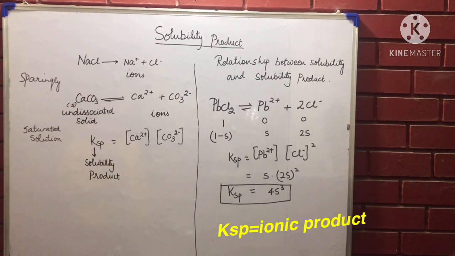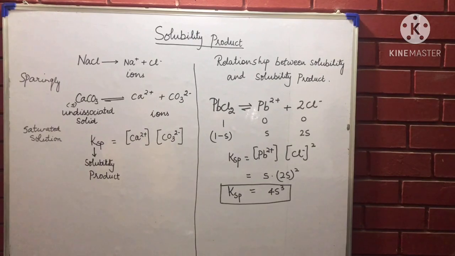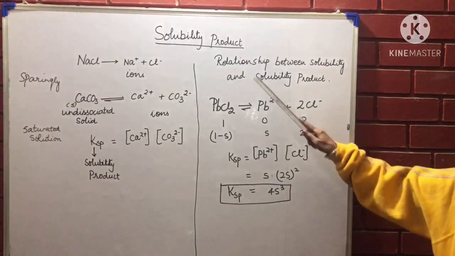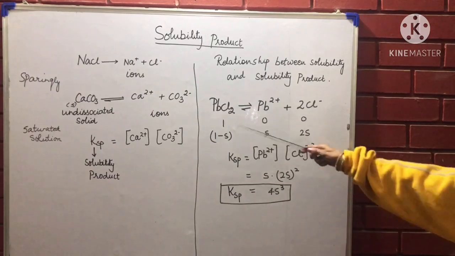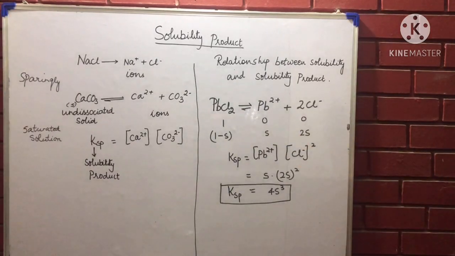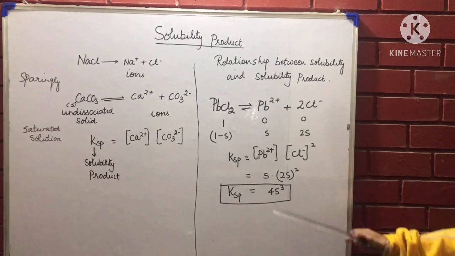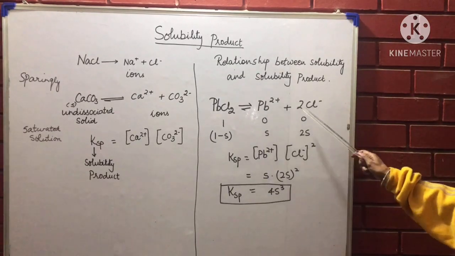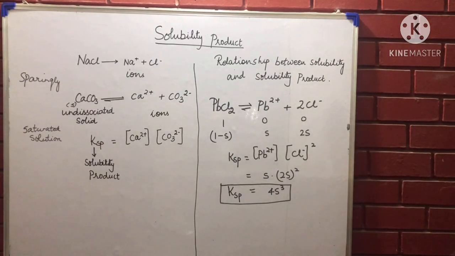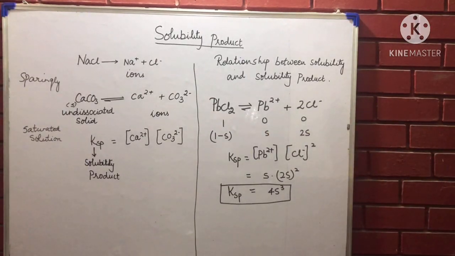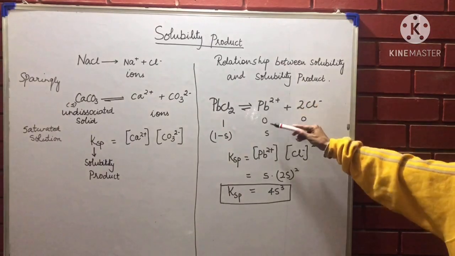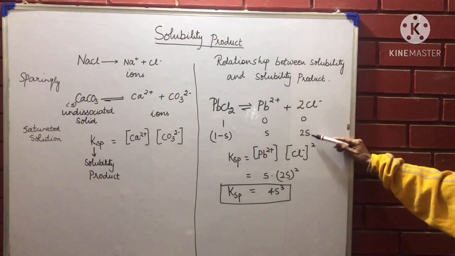If I want to find out the relationship between solubility and solubility product, supposing I say lead chloride. Now lead chloride is sparingly soluble in water, gives you Pb2+ ions and 2Cl- ions. Initially this could be 1 and this is 0 and 0. But at equilibrium, I'll say this is S, this is 2, so 2S.